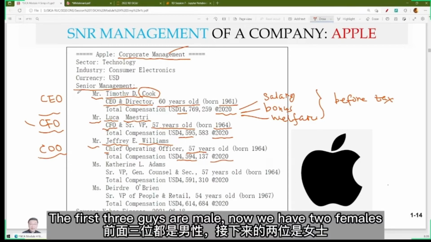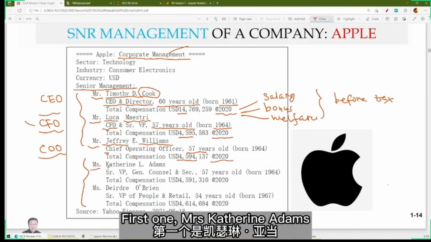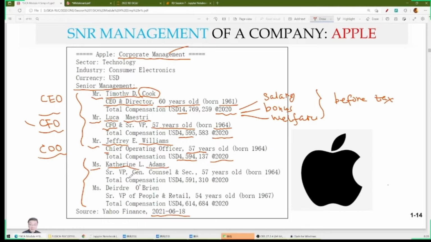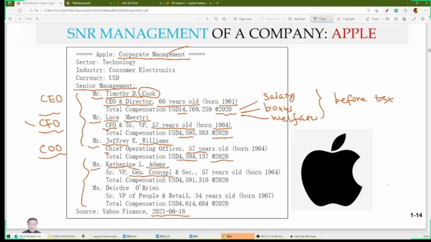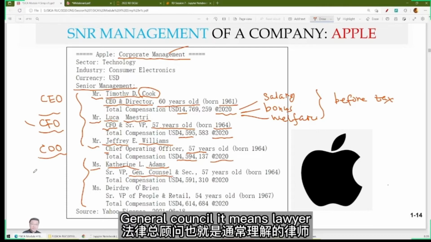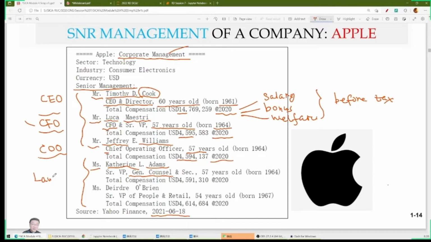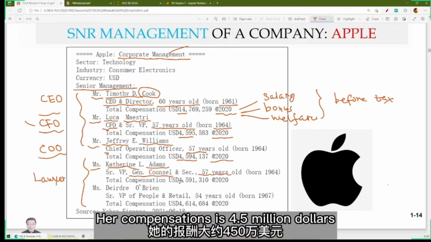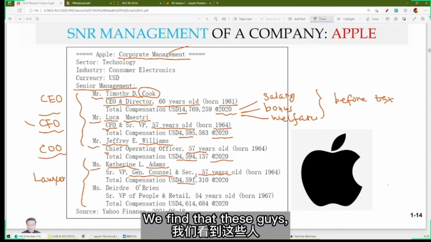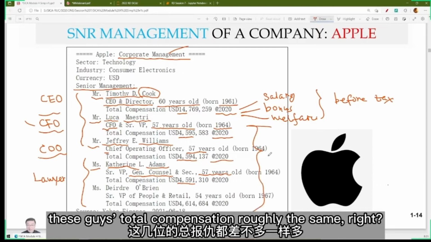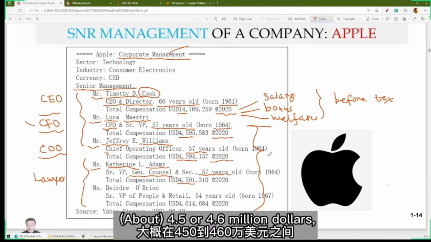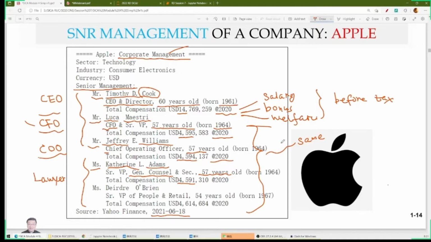The first three guys are male. Now we have two females. First one, Mrs. Catherine Adams. Her role is General Counsel. General Counsel means lawyer. She's a lawyer, yeah? 57 years old. Her compensation is $4.5 million. We find that these guys' total compensation is roughly the same, right? $4.6 million.